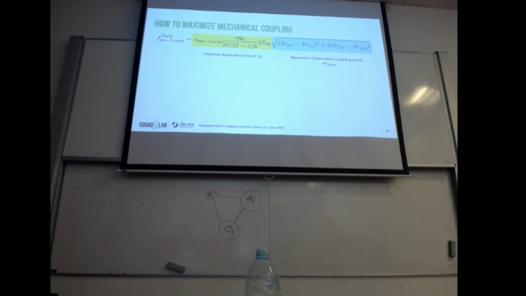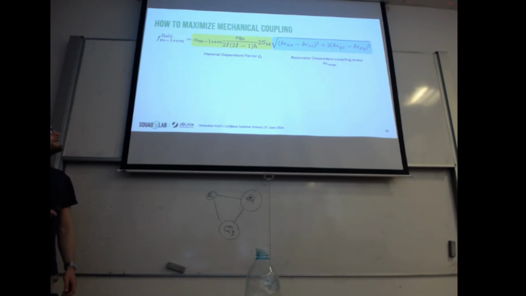You have a material-dependent factor, which depends on this gradient elastic tensor component. It's only one, because we have turned our crystal lattice in the right way with respect to the magnetic field. This is the nuclear quadrupole moment, which comes from the correction to the nuclear spin, the nuclear spin number, and also this matrix moment, which just comes from the spin matrix elements.